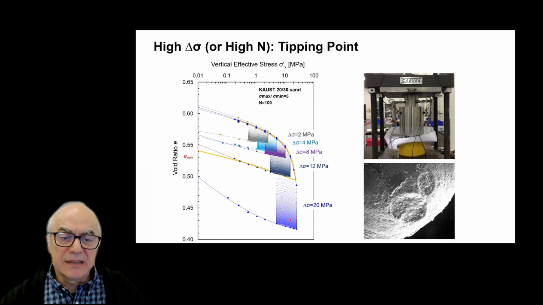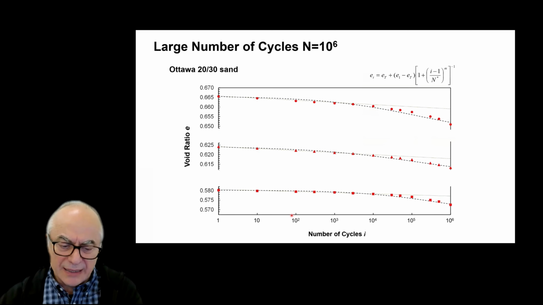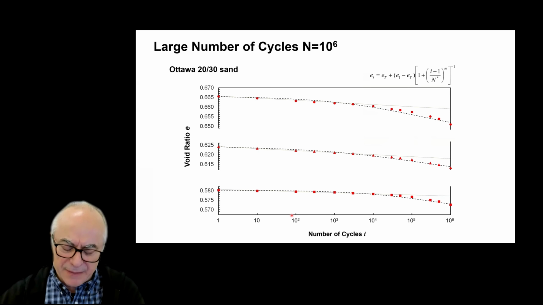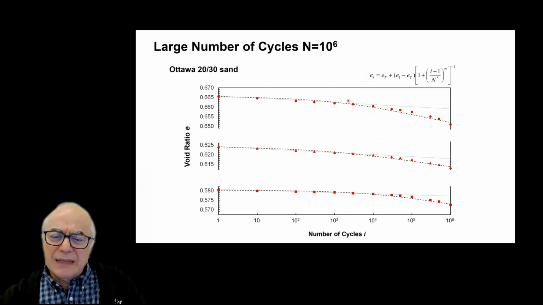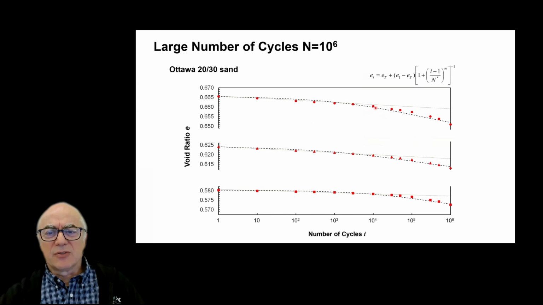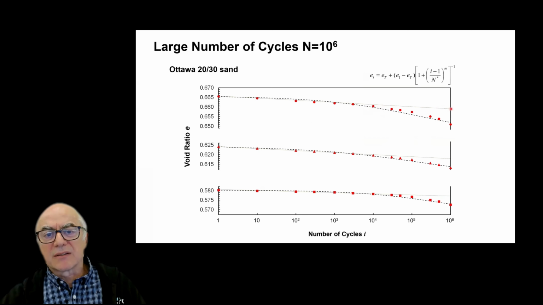And as you can see, as soon as you exceed yield, the accumulation of volumetric strain increases quite rapidly because of contact failure and accelerated fretting at contacts. And if we plot a test with a large number of cycles, before I had shown you up to 10 to the 4 cycles, 10,000, now let's extend that to 1,000,000 cycles.